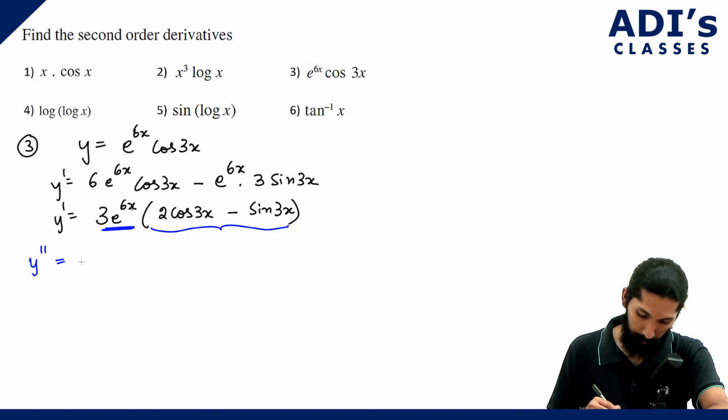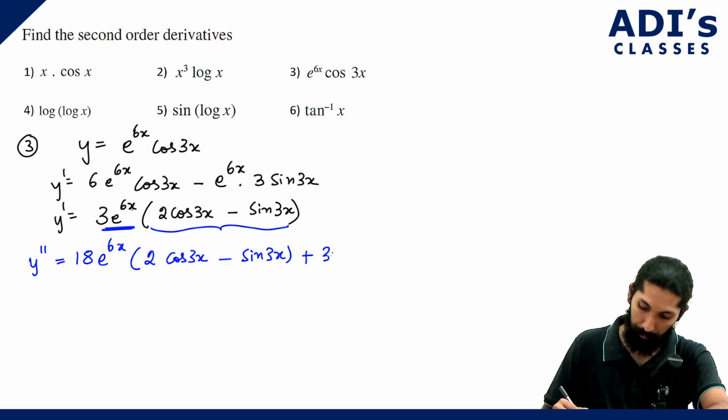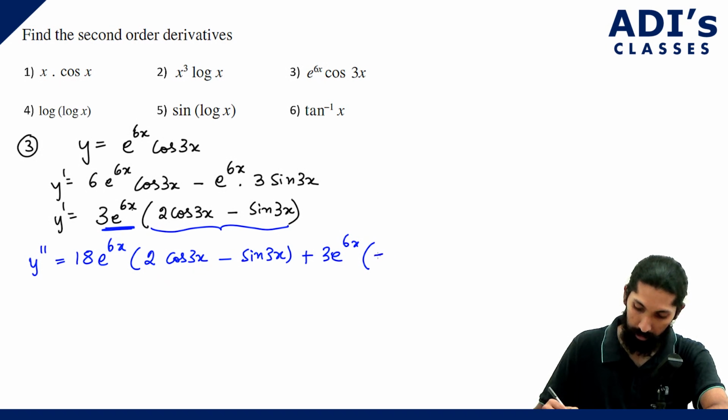So which is going to become 18 e power 6x into 2 cos 3x minus sine 3x, this plus 3 e power 6x into minus 6 sine 3x minus 3 cos 3x.